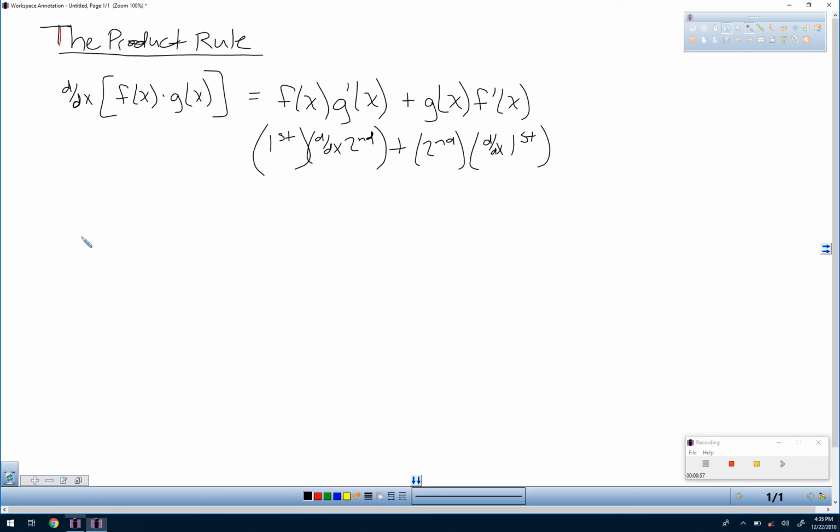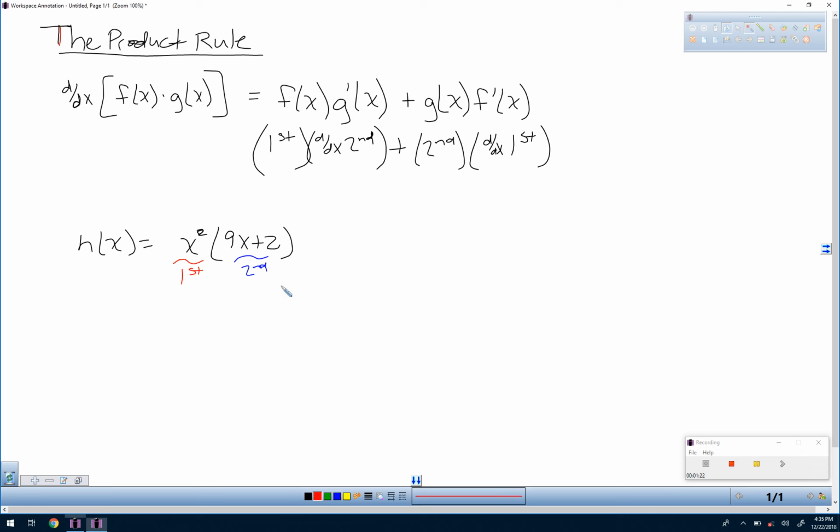So, for example, let's say that I had a function x squared times 9x plus 2. Notice that this is my first function, x squared, and this is my second function, 9x plus 2.